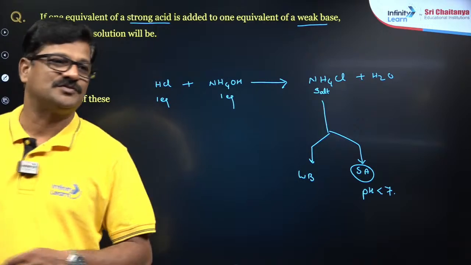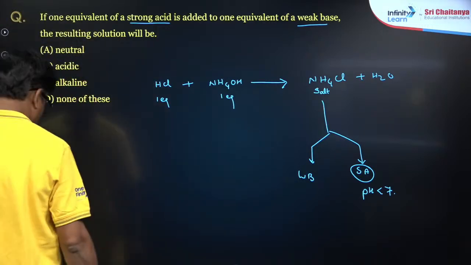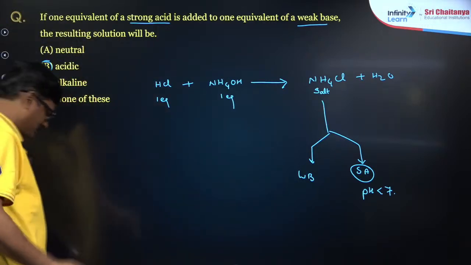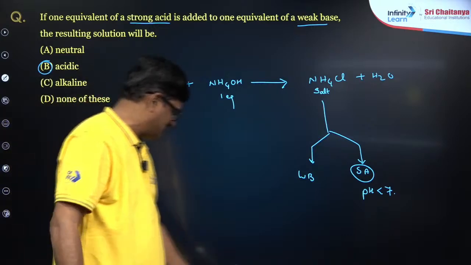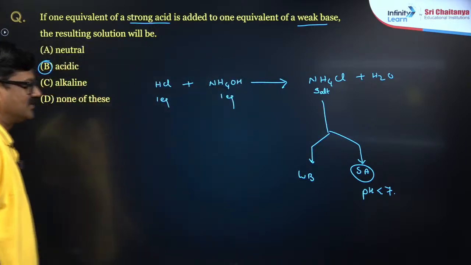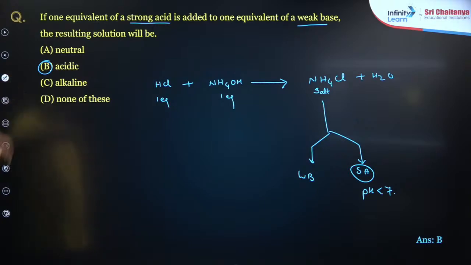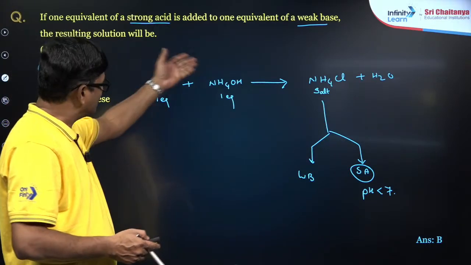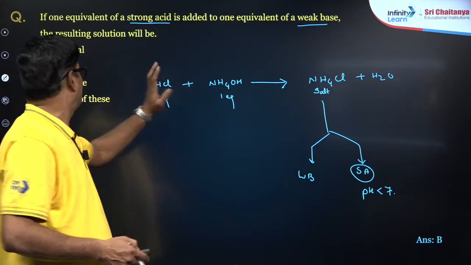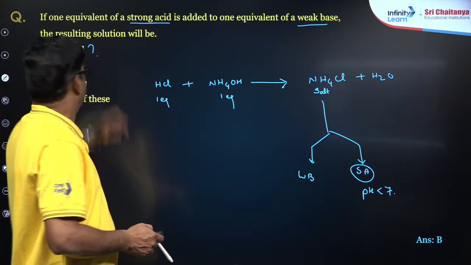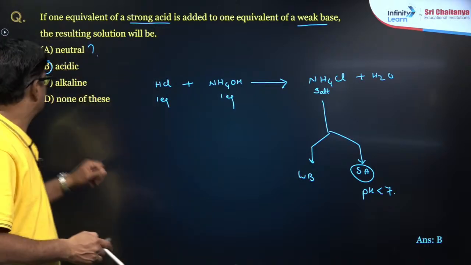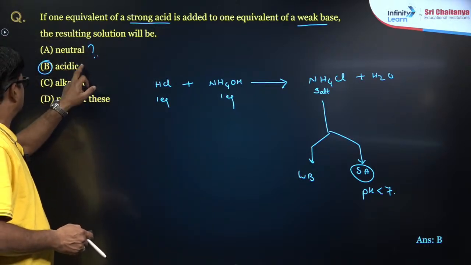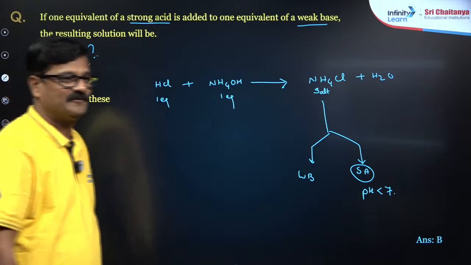It is going to be acidic in nature. So the answer for this question is B. So what students think here is that it is completely neutralized, so the pH is going to be neutral. How? It is not neutral. This is not correct. This is the correct answer. Got it?